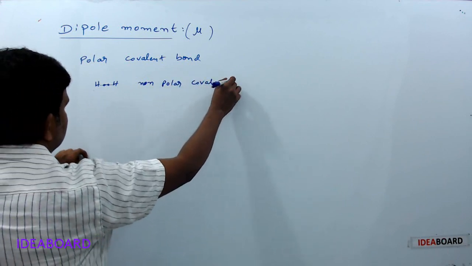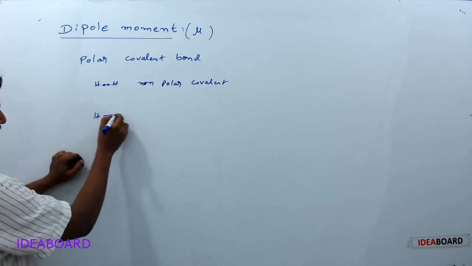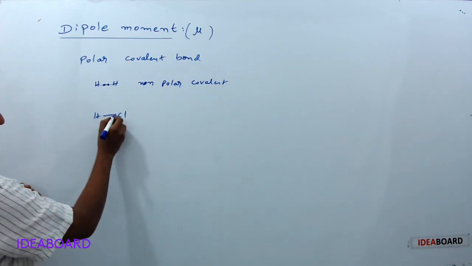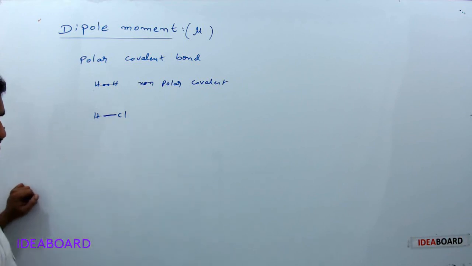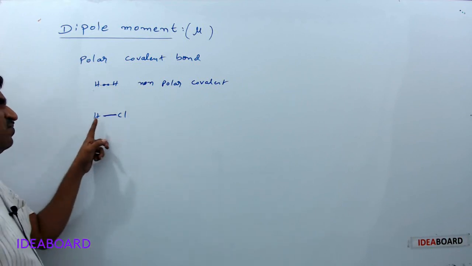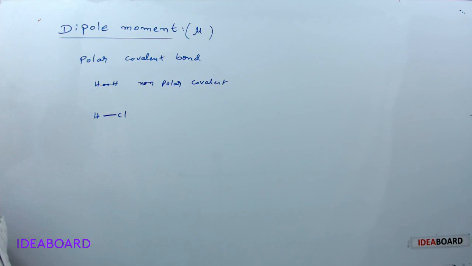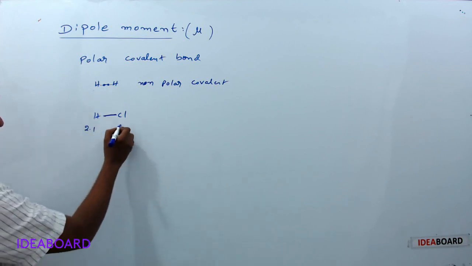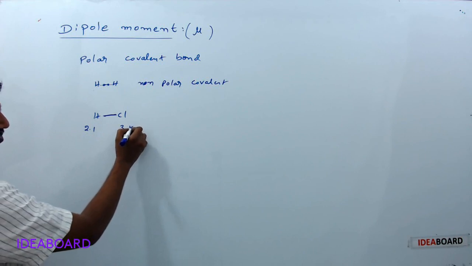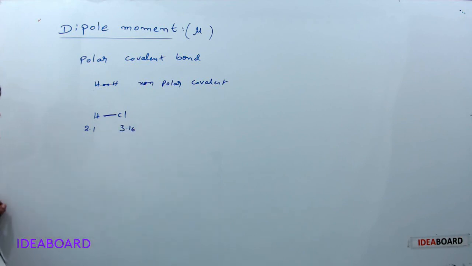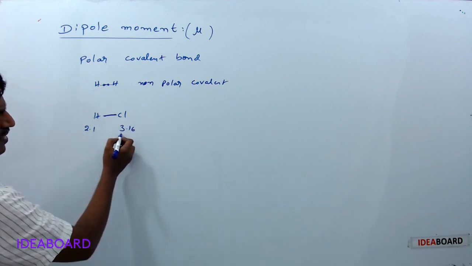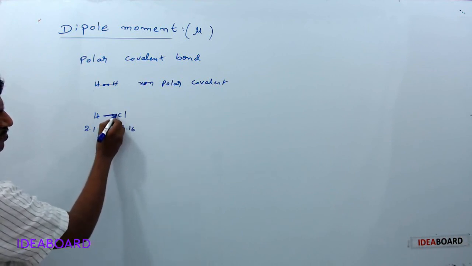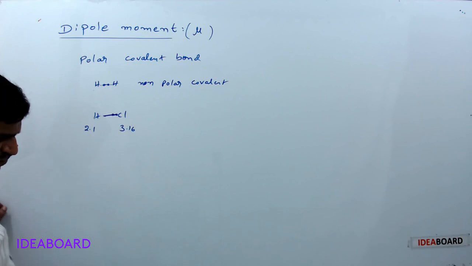covalent bond. Suppose there is H and Cl or HF. Here this bond pair of electrons is not in the middle of the two atoms. Why? Because hydrogen has an electronegativity of 2.1 and chlorine nearly 3.16, so because of its high electronegativity, chlorine attracts this bond pair of electrons towards itself.